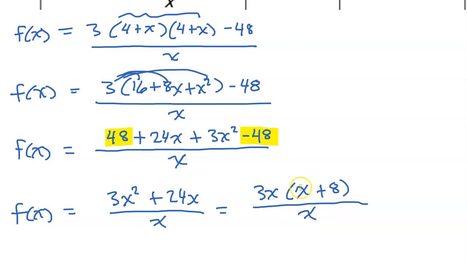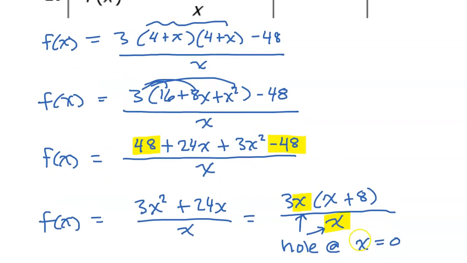But check this out. This x and this x cancel each other out. That tells me that instead of being a vertical asymptote, this is going to lead to a hole. There's going to be a hole at x equals 0.